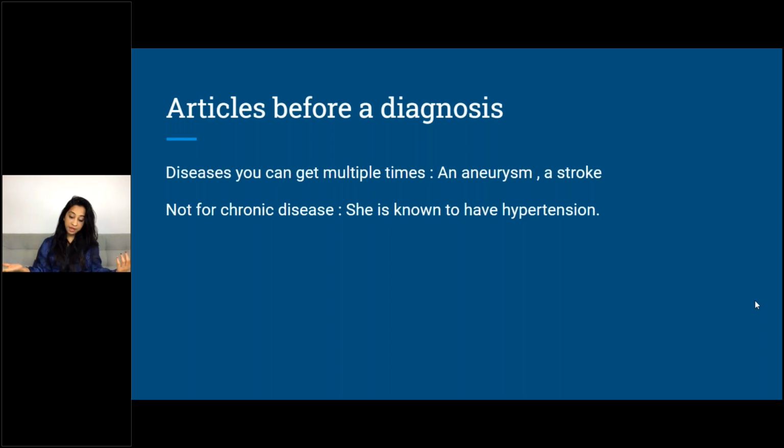So guys, just to revise, common mistake that everyone makes: chronic diseases, you're not going to be putting in articles, but if it's for things that you can get multiple times in your life, like attacks of gout, you do. One more thing. For example, if someone is diagnosed with epilepsy, now epilepsy is your chronic disease.